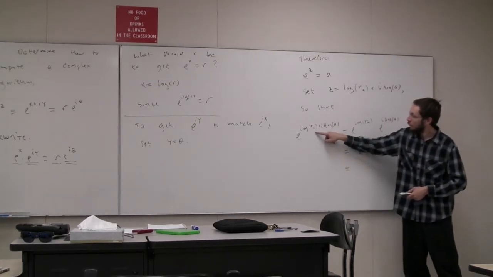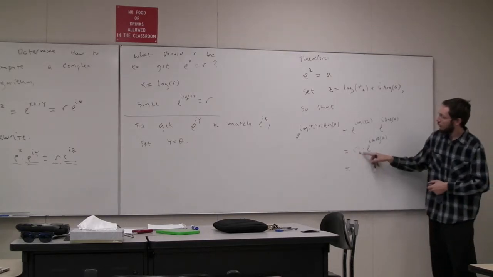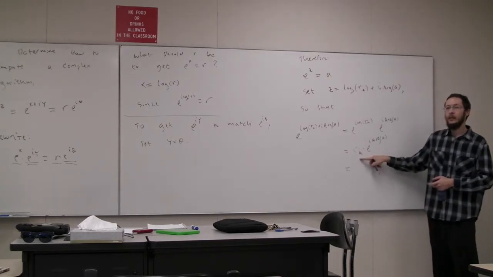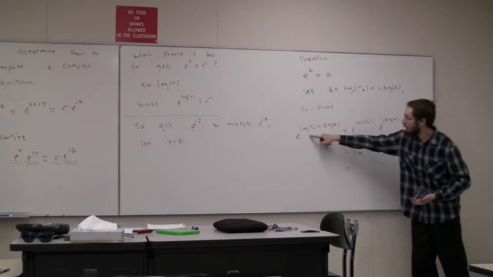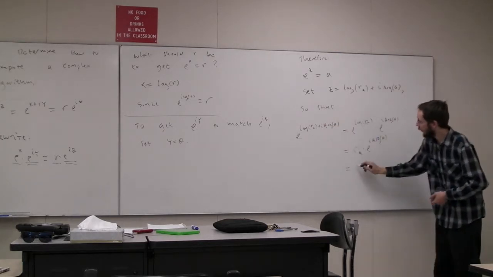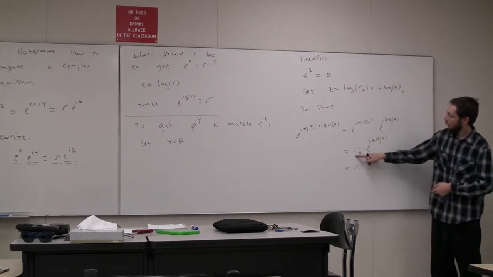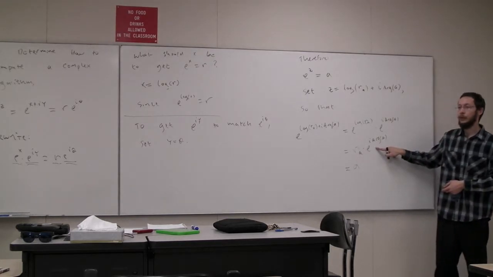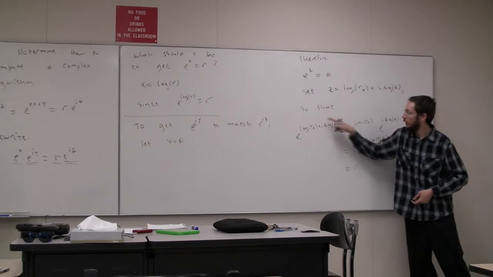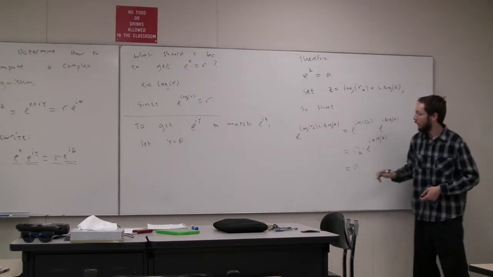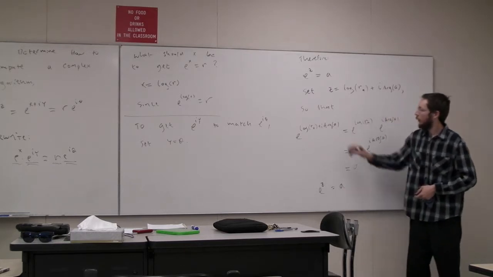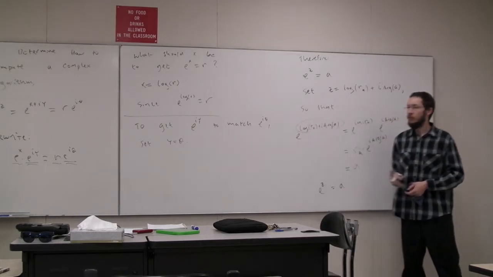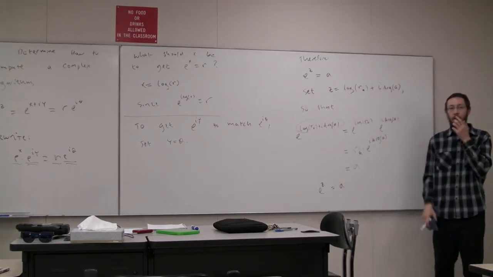E to this value here has given us the radius that we need for a at the direction that we need for a. Therefore, e to this value is a, right? The radius we need for a times the direction that we need for a. So this guy right here is the solution to the equation e to the z equals a. And so this guy right here is one version of the complex logarithm.